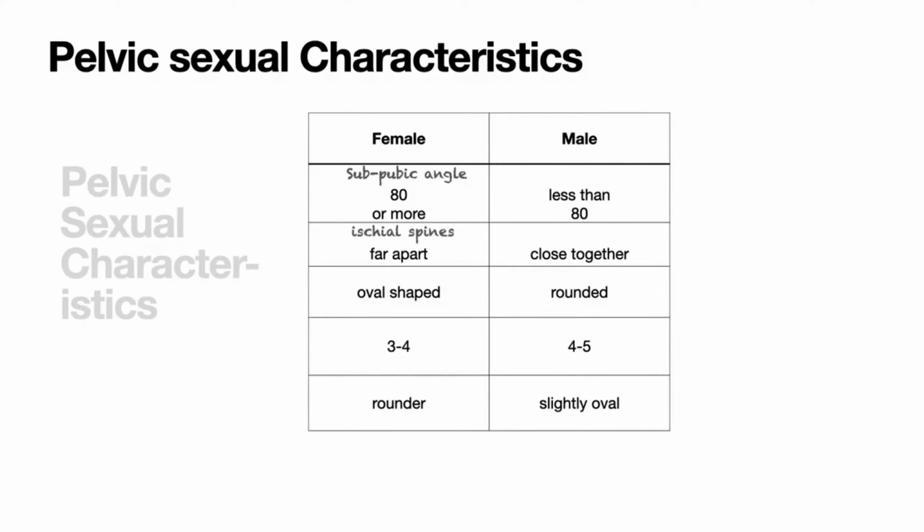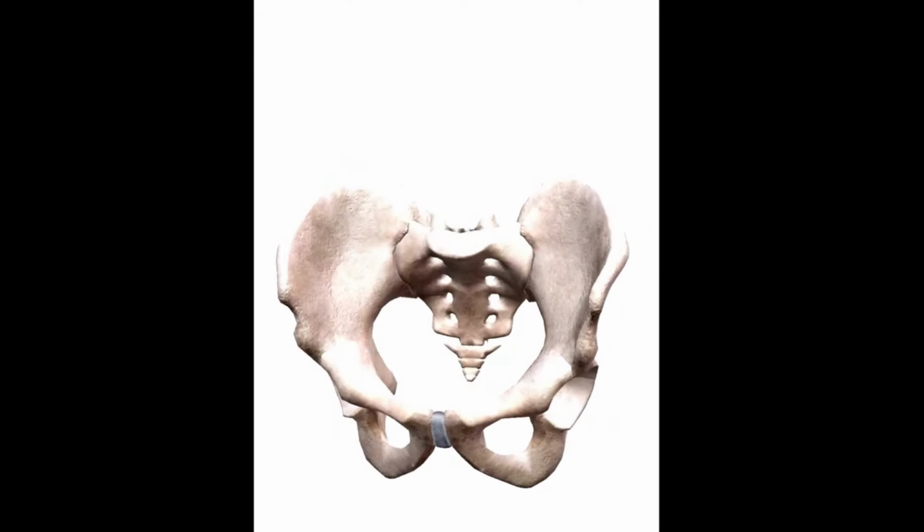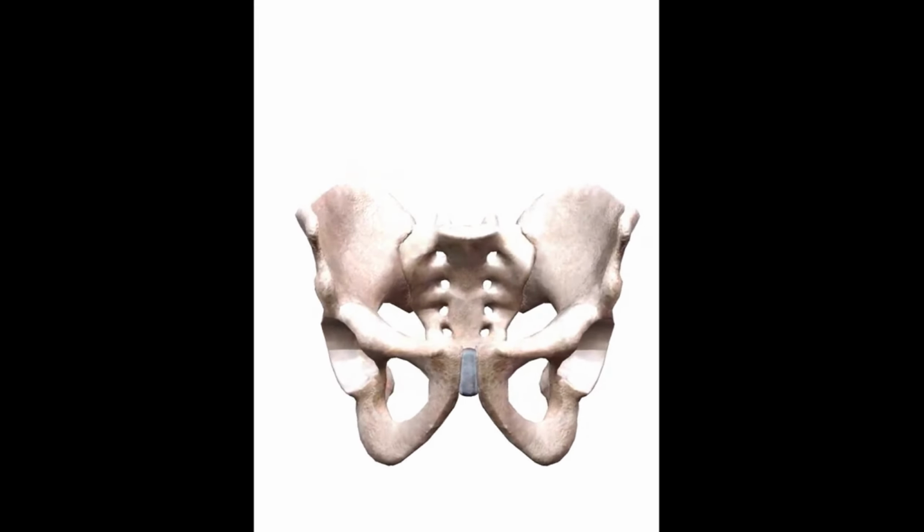Ischial spines far apart for the female, closer together for the male. Pelvic brim. That's right. Oval shaped for the female, rounded for the male. So we said subpubic angle 80 or more degrees on a female and less than 80 degrees on a male.